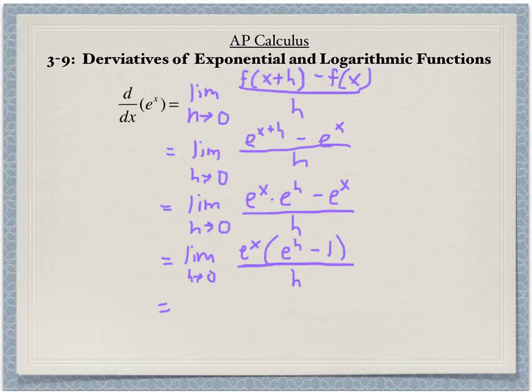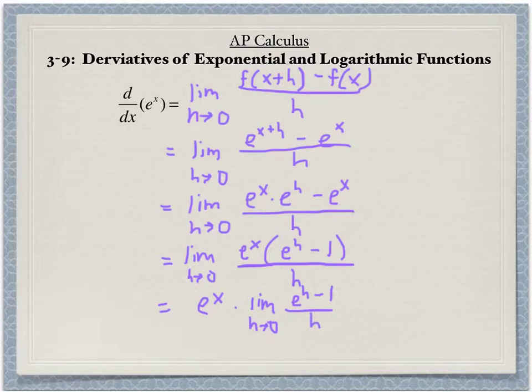So actually if we think about it, the limit as h approaches 0 of this e to the x is not going to have any effect on e to the x because there's no h value in this expression. So it's actually going to be just plain e to the x times the limit as h approaches 0 of e to the h minus 1 over h.